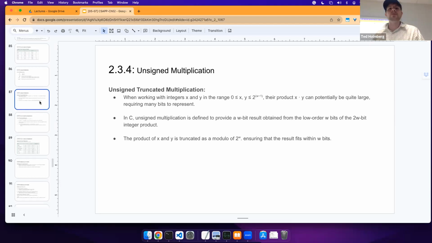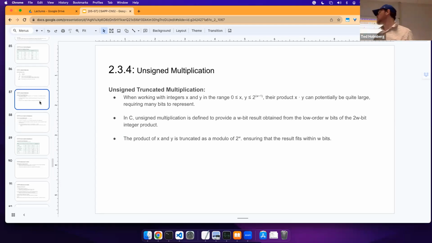So let's talk about multiplication. We're not going to go too deep into multiplication outside of what you already did in assembly in terms of mechanisms, at least initially. We're going to talk about more or less shortcuts on how we can try to do this.